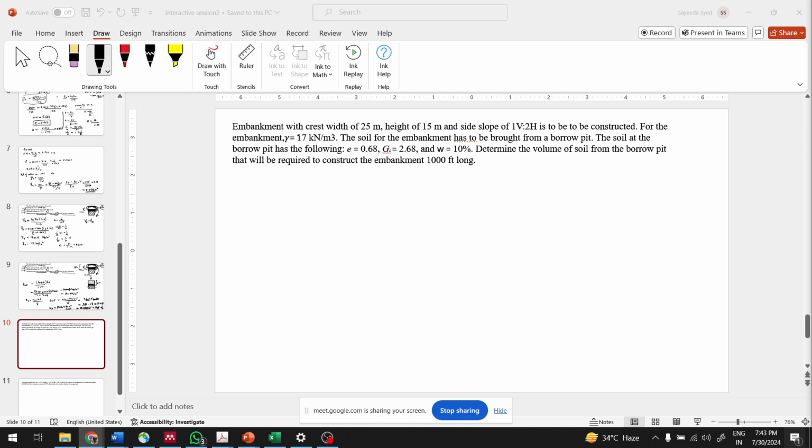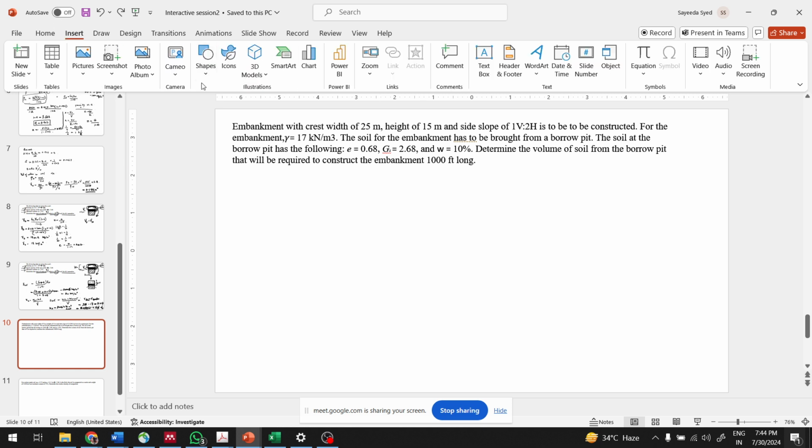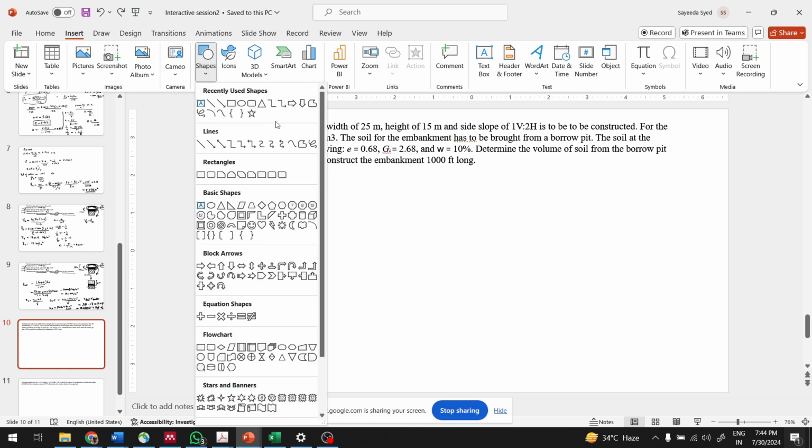So, the question mentions an embankment with a crest width of 25 meters. Let's draw this. Actually, let's do one thing. Let's draw a proper polygon.